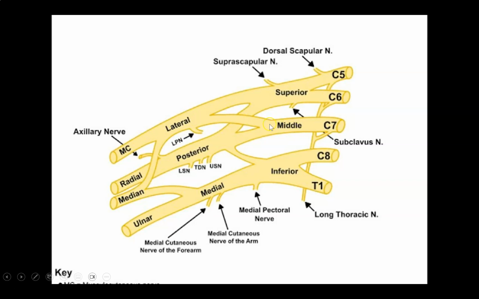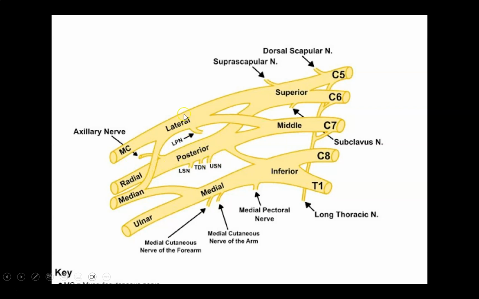The anterior divisions of the upper and middle trunks form the lateral cord, and the continuation of the lower trunk forms the medial cord, and the posterior divisions form the posterior cord. The branches of the posterior cord are upper subscapular, lower subscapular, thoracodorsal nerve, ending with the radial and the axillary.